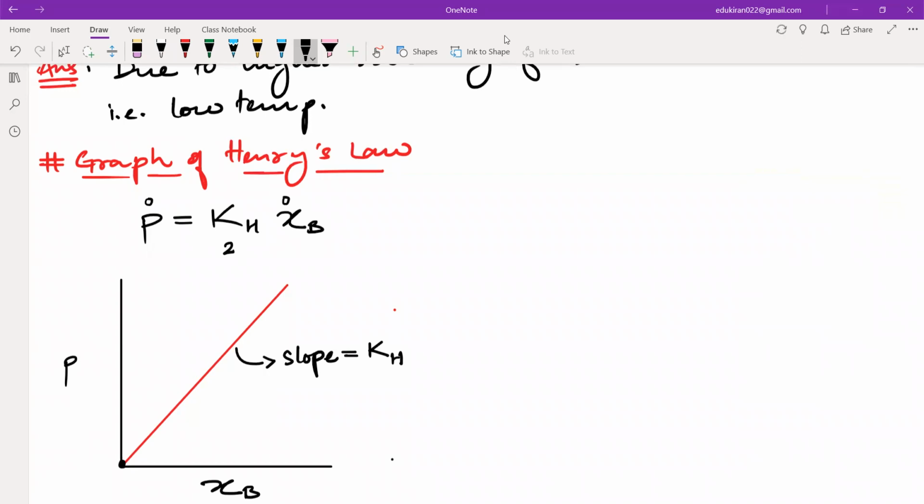Whatever the number KH is, the graph starts from here, because if the mole fraction is 0, there will be 0 pressure.